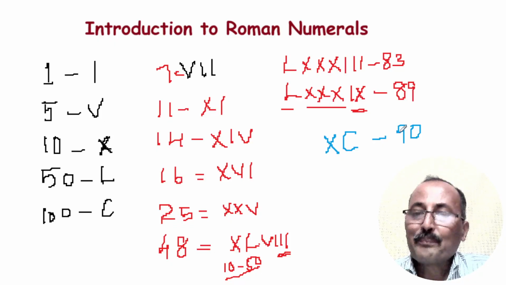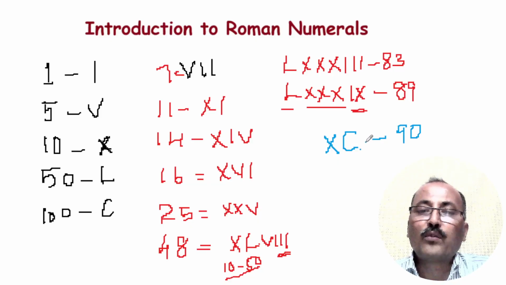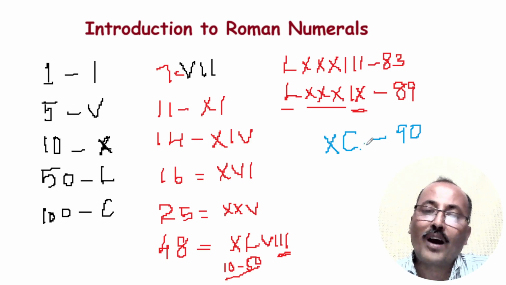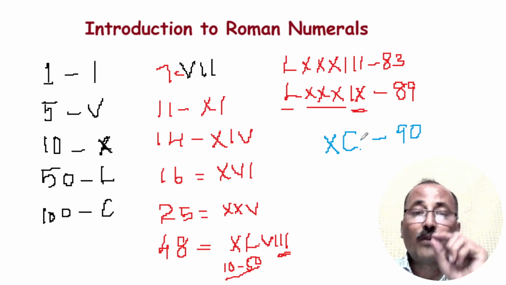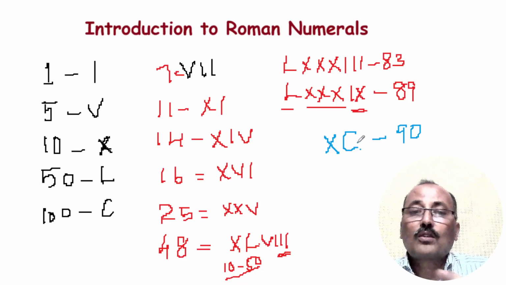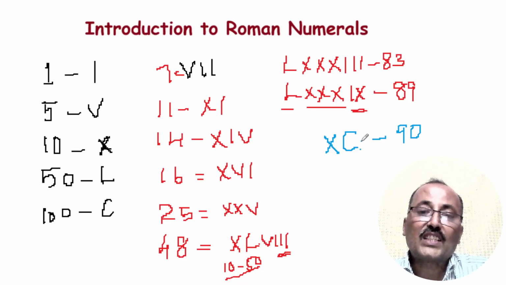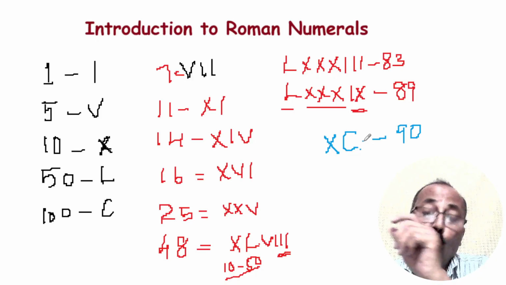So now will you be able to write from 1 to 99 or even 100? What about 91? Here you ought to put 1, 2, 3, 4, 5, like that you ought to go on adding. Not 1 stick, 2 sticks like that. For 1, 1. For 2, 2 lines. For 3, 3 lines. For 4, 1V.